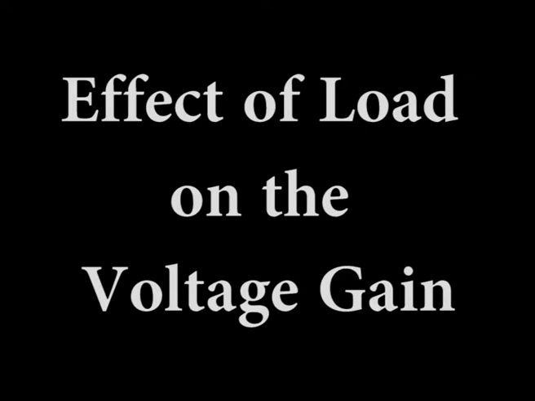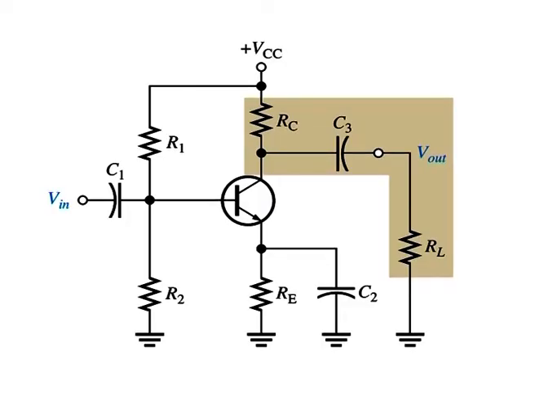Effect of a load on the voltage gain. A load is the amount of current drawn from the output of an amplifier or other circuit through a load resistance. When a resistor RL is connected to the output through the coupling capacitor C3 as shown in figure A, it creates a load on the circuit. The collector resistance at the signal frequency is effectively Rc in parallel with RL.